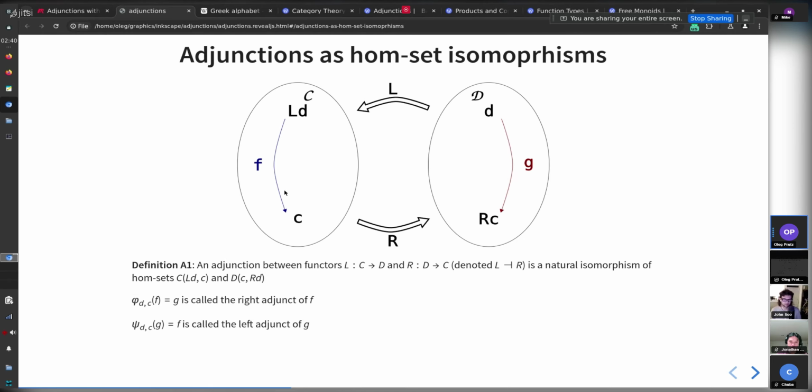Now those aren't just functions; those are components of the natural isomorphism. What this means, in particular, for the hom functors, is that if I had, let's say, a morphism called x going to D, and a morphism z going out of C, so x is going to be mapped by L to Lx, right?